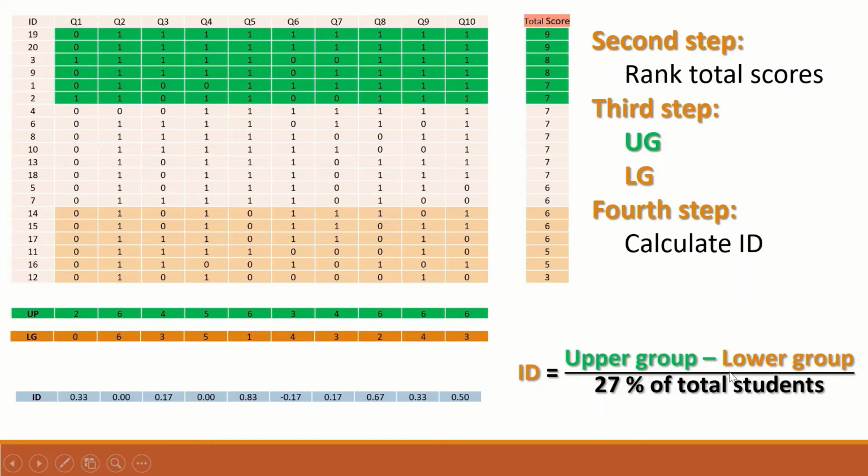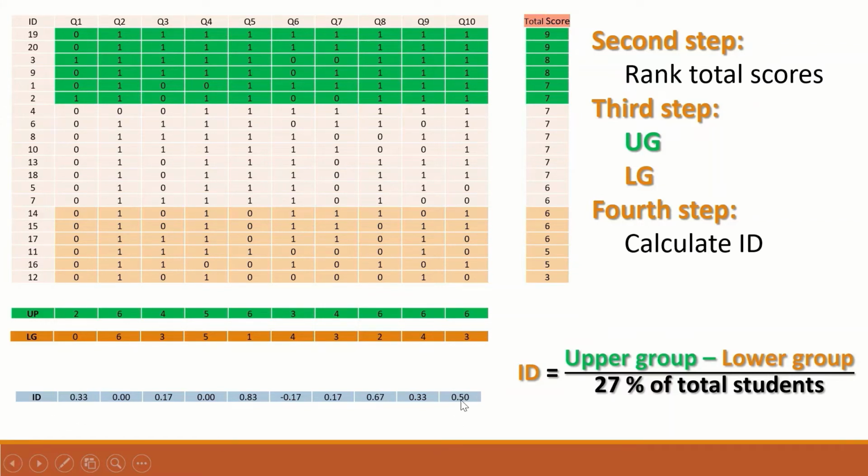Once the upper group and the lower group are determined using the equation given here, the item discrimination can be calculated by taking the value in the upper group minus the value in the lower group for each individual item, and then dividing that by 6 because we only have 6 in each group.